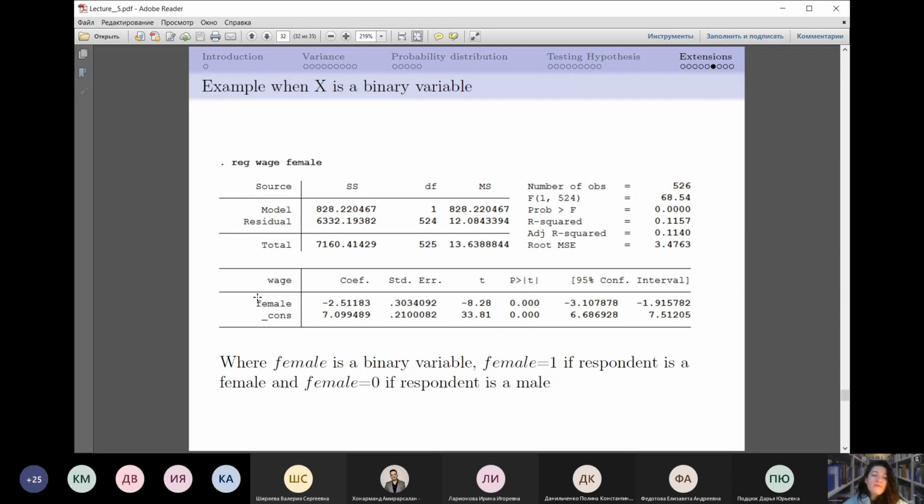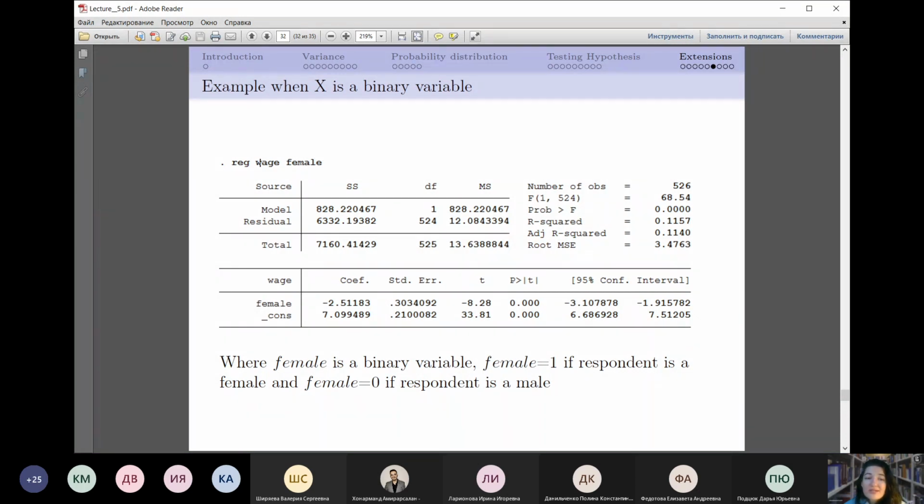So here we have the same sample with the wage, but we want to change our independent variable, and now we want to find some effect of, let's say, gender on the wage.